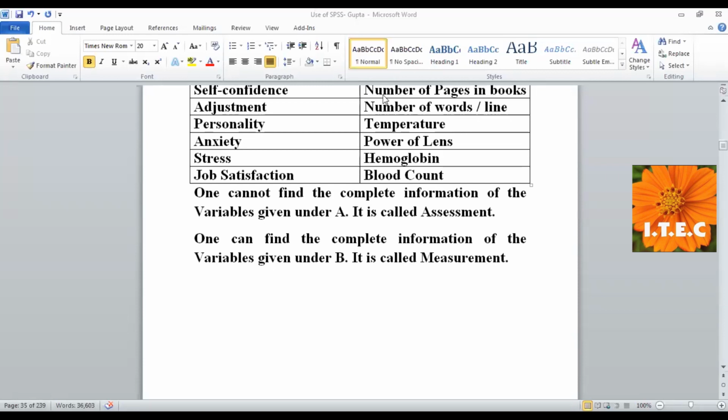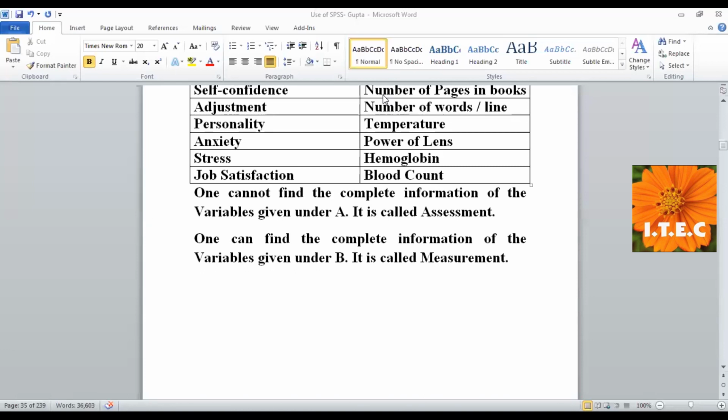Rawat, sampling error means that when you are selecting a sample from the population, your sample will never truly represent your population. I repeat, when you take a sample from the population and you assess any variable, that will never tell you about the population.